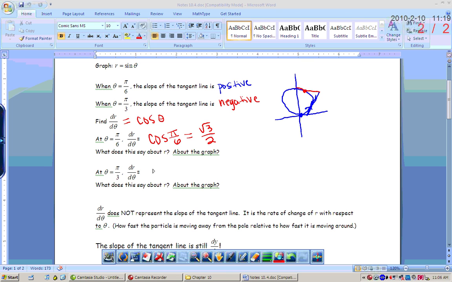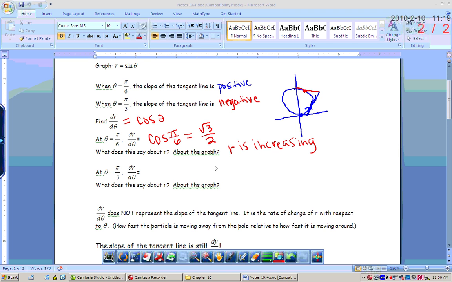At pi over 3, well, okay, first off, what does this say about r? R is what? Good. Dr d theta is the derivative of r with respect to theta, so the rate of change of r. So what it says about r is that r is increasing. If dr d theta is positive, r is increasing.